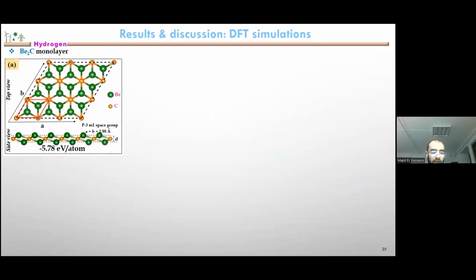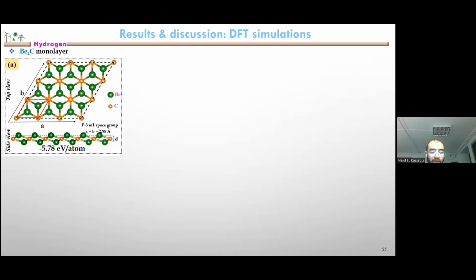Moving on. Another system is beryllium carbide. This structure crystallizes in the hexagonal space group, similar to graphene but with three atomic layers along this direction.